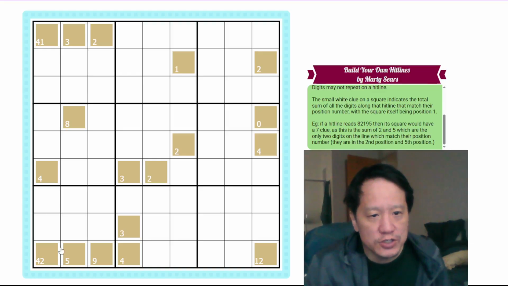We know each of these must essentially go up, at least, right? So this is not possible to be on a hit line. This is also not possible to be on the hit line.